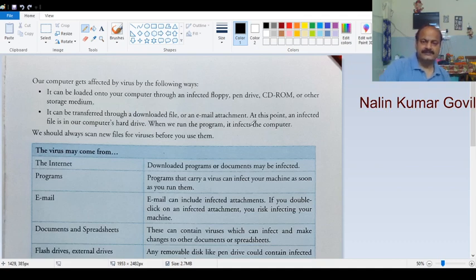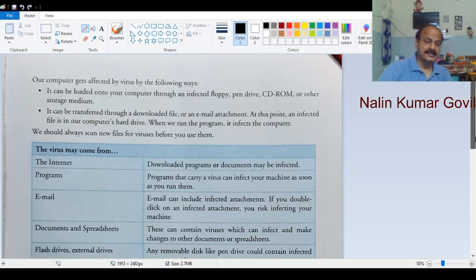At this point, an infected file is on our computer's hard drive. When we run the program, it infects the computer. So this virus is actually inserted in our hard disk, and after some time the virus activates and performs its tasks.